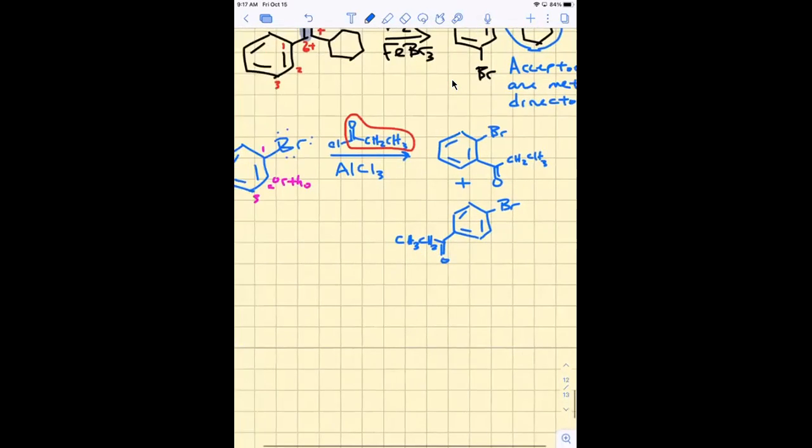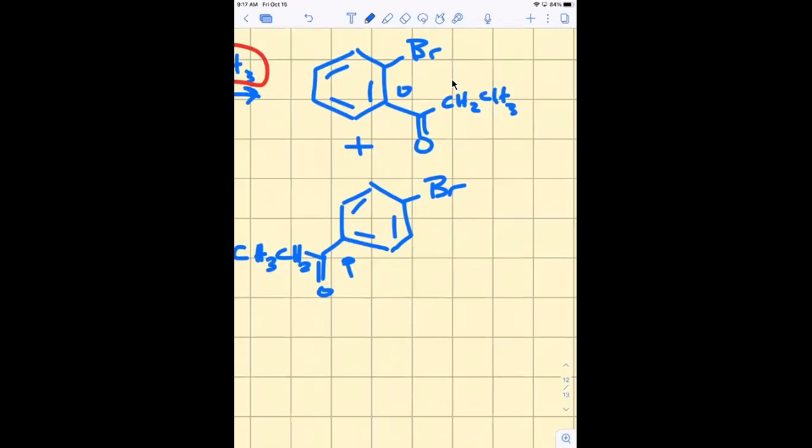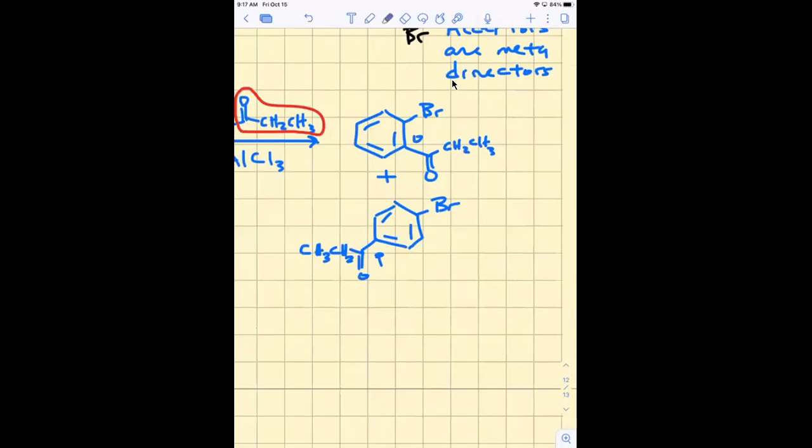This is my ortho product. This is my para product. And you do get both, but there is a little bit of competition based on the sterics of the reaction.